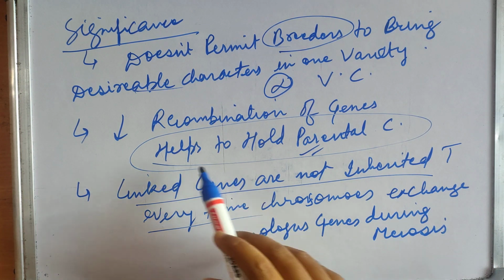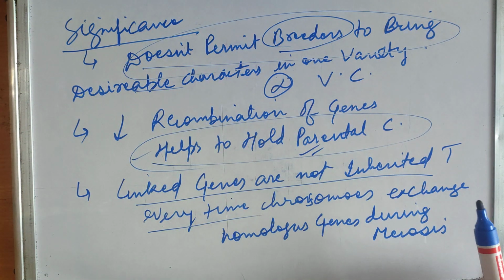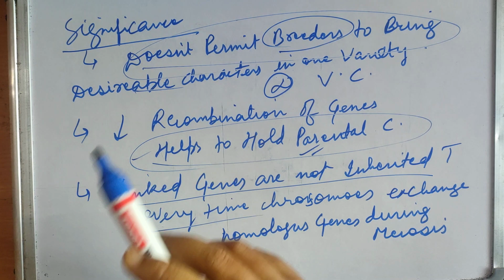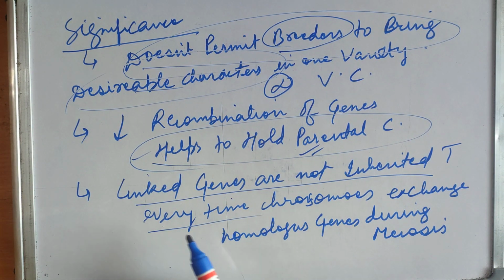So I hope you understand. It helps to hold parental character. It's very difficult for a plant breeder to change the parental character into desirable characters, and here the linked genes are not inherited together every time, and the chromosomes exchange homologous genes during meiosis.